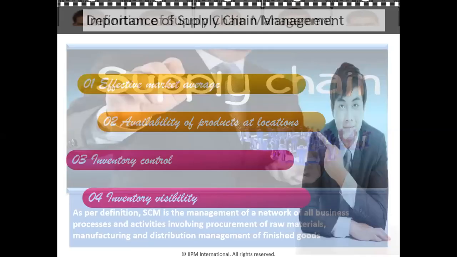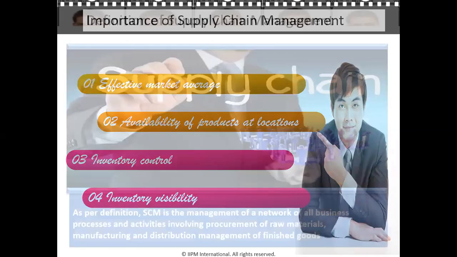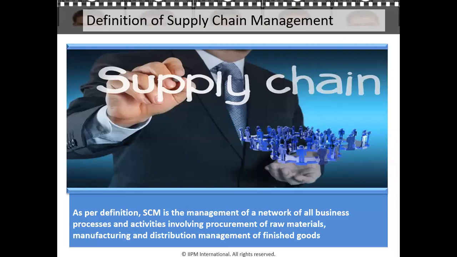What are the safety hazards involved in supply chain management? Look at the definition of supply chain. It involves the management of a network of all business processes and activities involving procurement of raw materials, manufacturing and distribution management of finished goods.